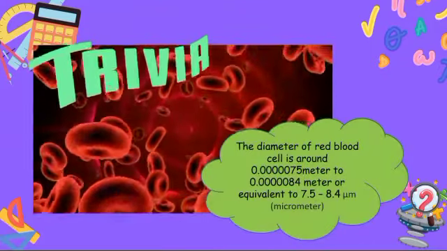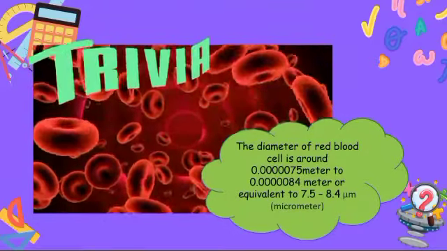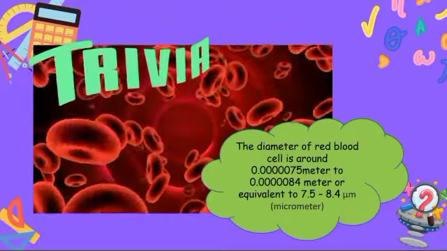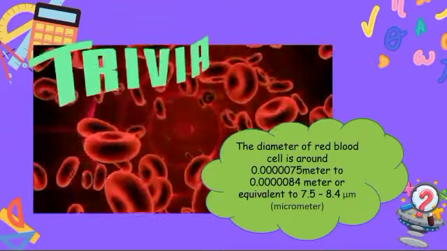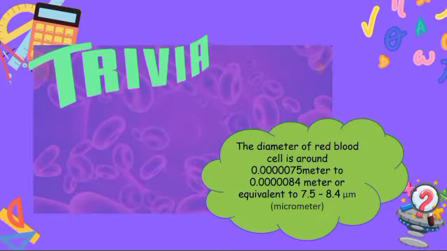Did you know that the diameter of a red blood cell is around 0.00000075 meter or equivalent to 7.5 to 8.4 micrometers?